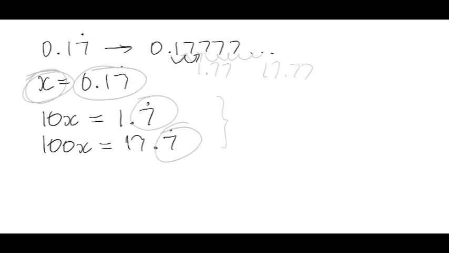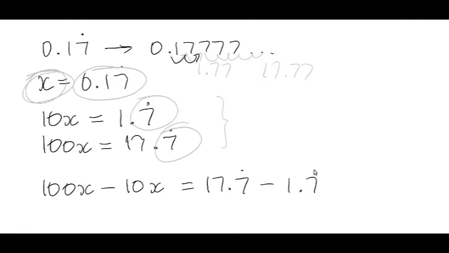Okay, so this is why this example is different. We are using this time 100x, and we're going to subtract not x but 10x. What will that give us? Well, our 100x we said above was 17.7 recurring. We're going to subtract 10x, which was 1.7 recurring.